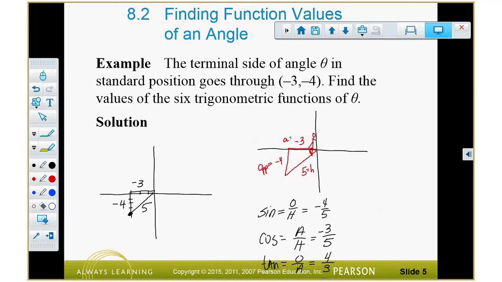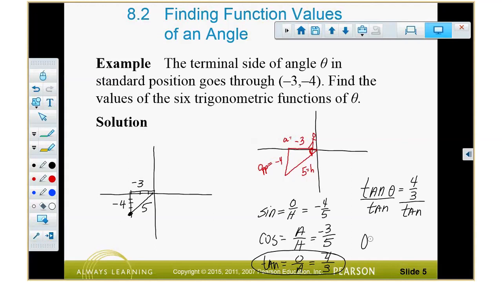I'm going to pick the tangent because it's positive. And I'm going to say tangent of theta is equal to 4 over 3. I'm going to divide by the tangent.